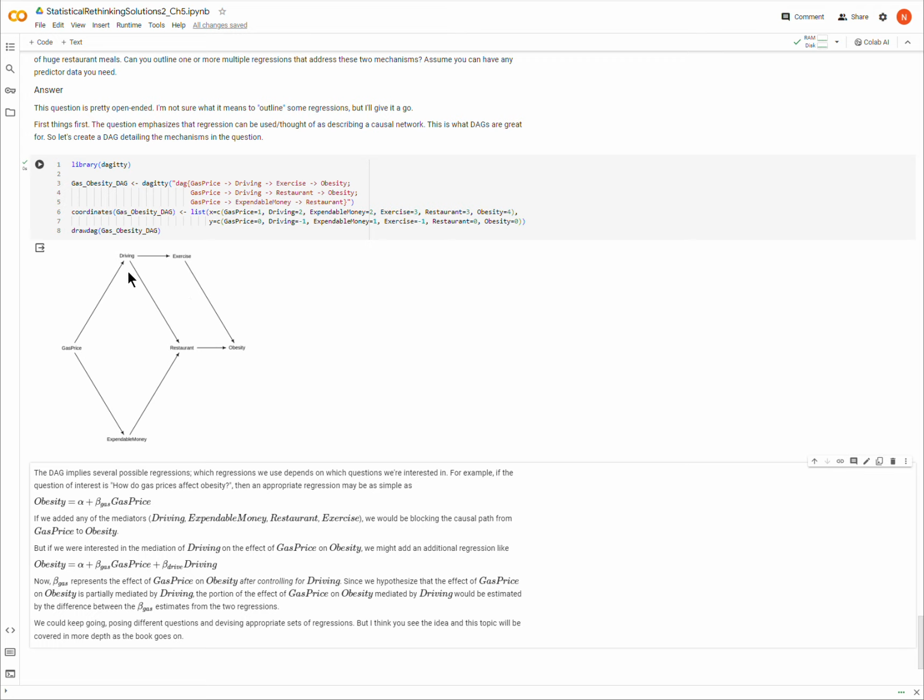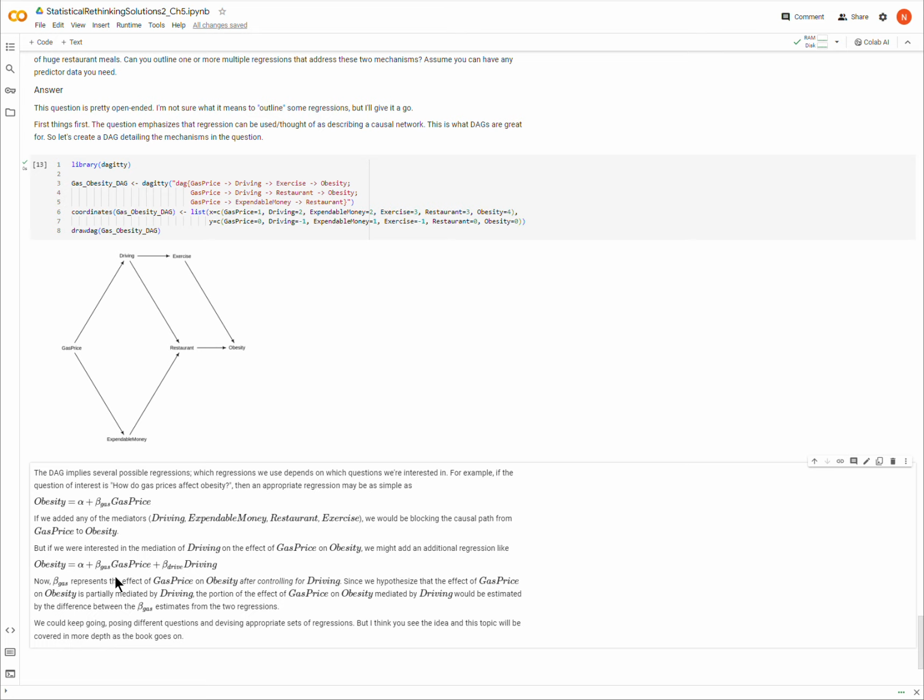But if I wanted to know how much of that effect was being caused by driving or mediated by driving, then I may have to have an additional regression, okay? So my additional regression, so not in place of, but in addition to the first regression, might look like this, where I have gas prices as well as now I'm trying to estimate the effect of driving.